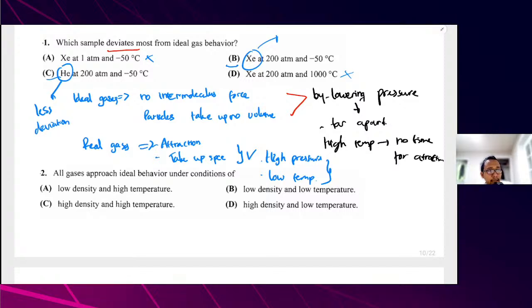A bigger gas deviates more than a small one, so xenon will be the bigger one. So remember, a bigger gas will deviate more.